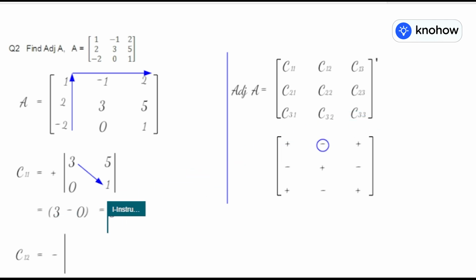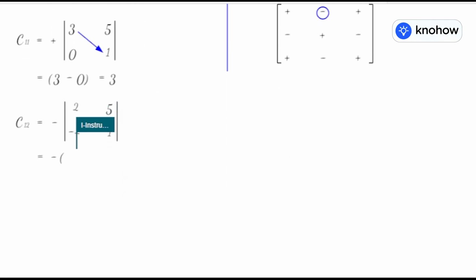Negative times the determinant obtained by deleting the row and column through negative 1, you get 2, 5, minus 2, 1. Later you may do it orally, but at present I am doing it in detail. So it is negative times 2 into 1, that is 2, minus minus plus 10, so you get minus 12, and then minus 12. And then you work out C13.